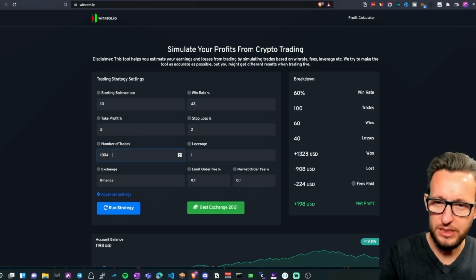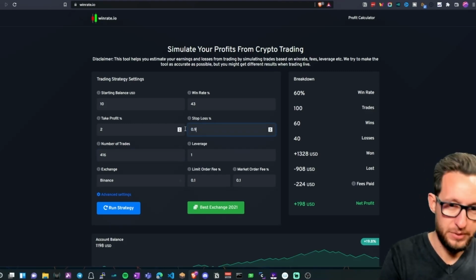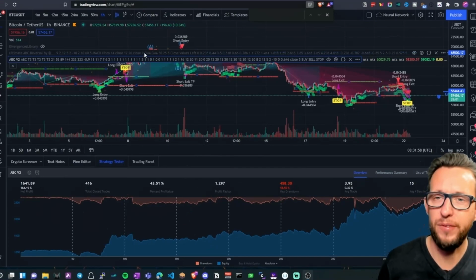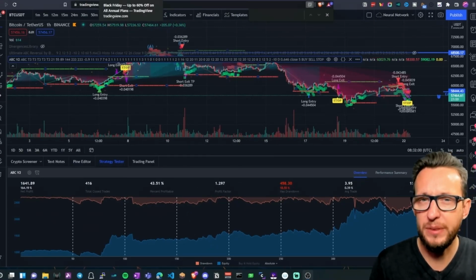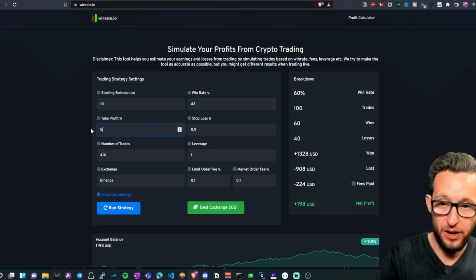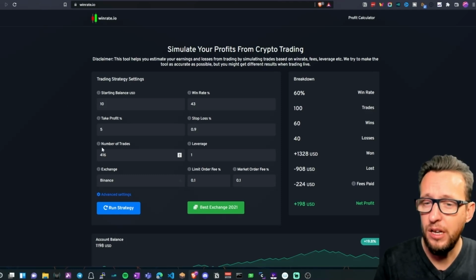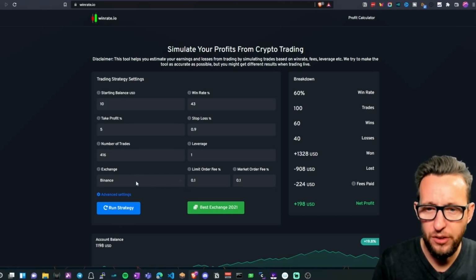I'm going to put just exactly that here, 416 trades. We had a 0.9% stop loss, and our average trade win was at 5%. So I'm going to put 5% here because it's take profit about 5%. Now you can increase or decrease that using the Fibonacci level, but that's what I got currently on this one.